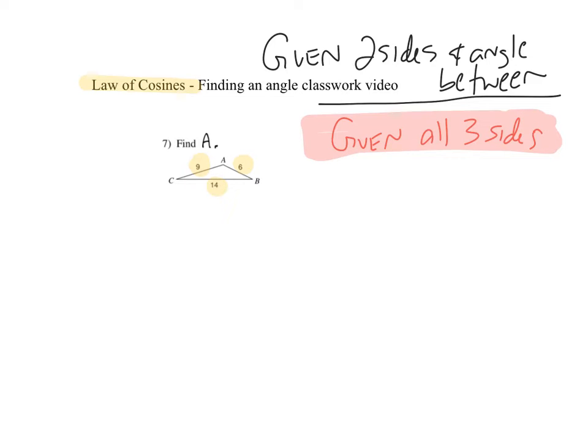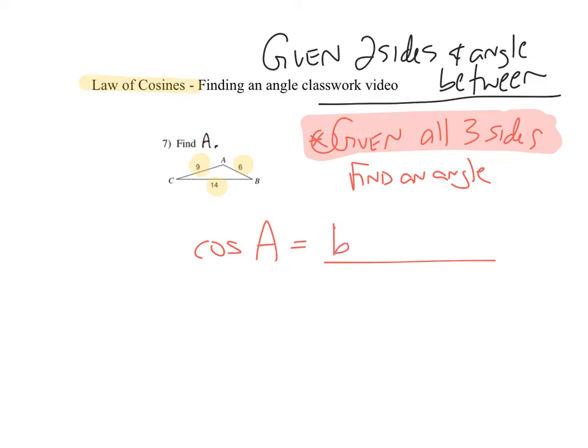And in this first problem, we have to find angle A. So the law of cosines, when you're given all three sides, when you're trying to find an angle, looks like this. The cosine of angle A equals the other two sides squared. So B squared plus C squared minus A squared.